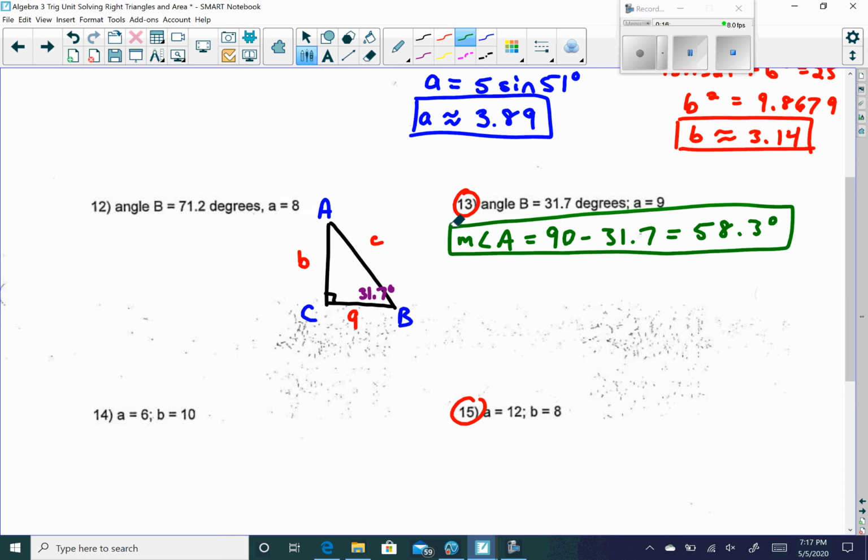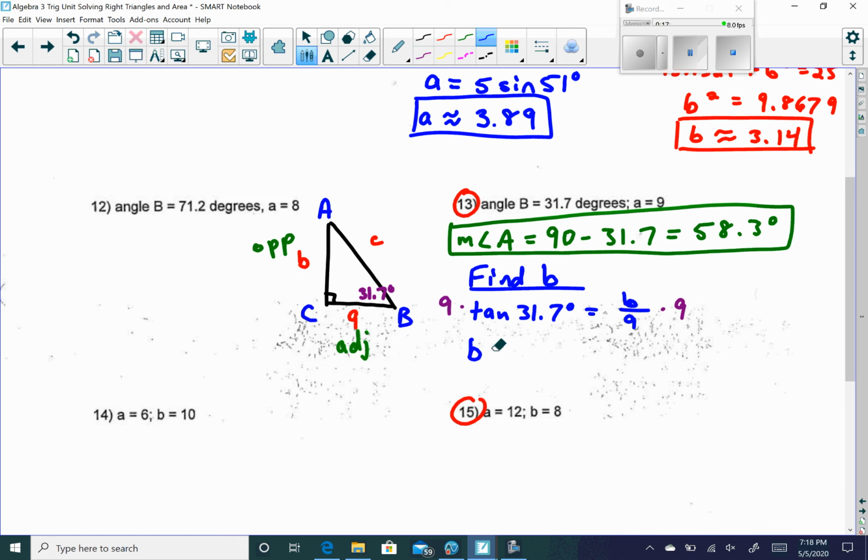All right, now again, we have both angles A and B, but I'm going to base this off of angle B. So side B is going to be opposite. Let's find that first. And then I have side A that's given here, so that is adjacent. So I'm going to find side B next. Side B is opposite, and I'm given the adjacent side. So opposite over adjacent means which trig function? That would be tangent. So we're going to set this up as tangent of 31.7 degrees equals opposite, so that's B over 9. So just like number 11, to solve for B, I want to multiply both sides by 9.